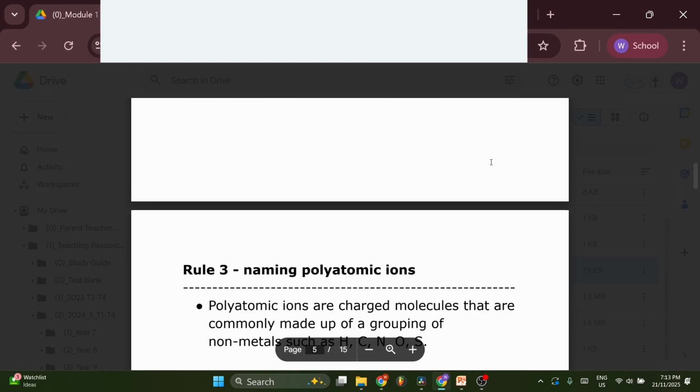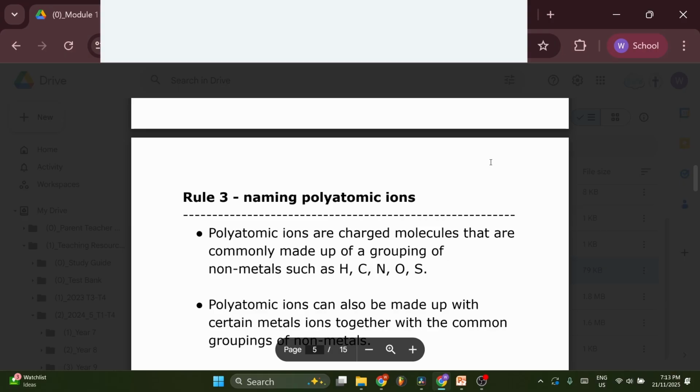Rule 3. Naming polyatomic ions. Polyatomic ions are charged molecules that are commonly made up of a grouping of nonmetals, such as hydrogen, carbon, nitrogen, oxygen, and sulfur. Polyatomic ions can also be made up with certain metal ions, together with the common groupings of nonmetals.